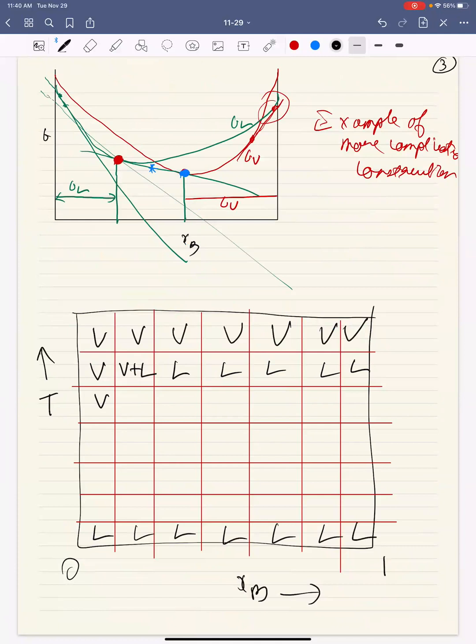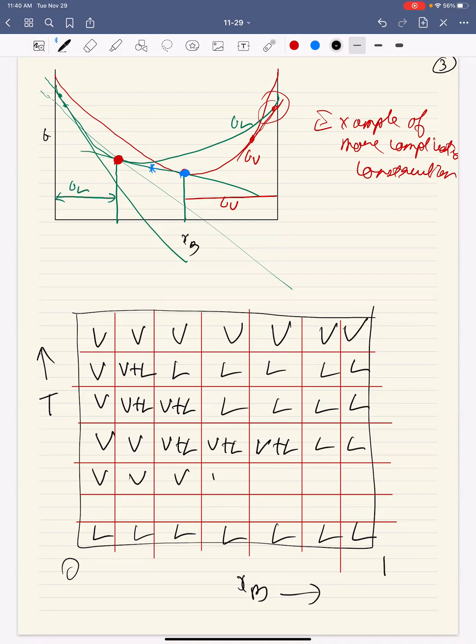It could be a few lines of code in Python or MATLAB, and you can plot the whole thing by assuming the regular solution. It's quite easy. So now this region will start to extend or move to the right. And then you have something like this: vapor, vapor plus liquid, liquid.